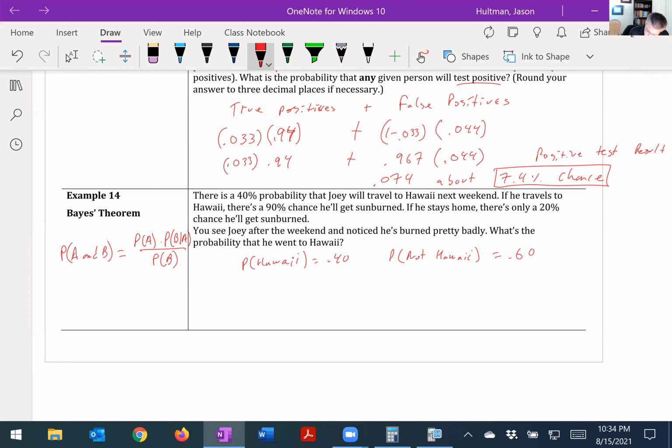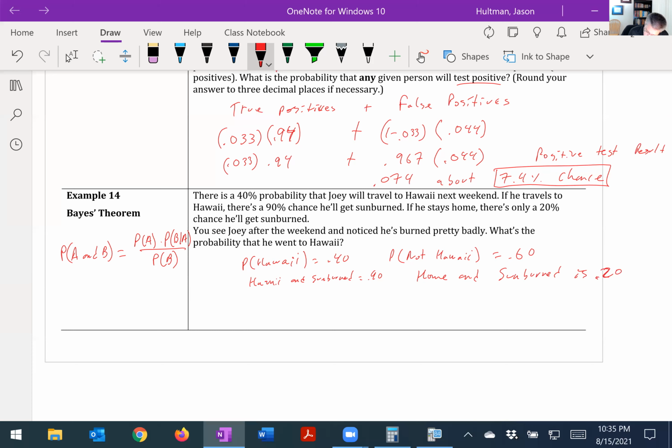If he travels to Hawaii, there's a 90% chance that he'll get sunburned. So going to Hawaii and getting sunburned is 90%. Staying home and getting sunburned is a 20% chance.